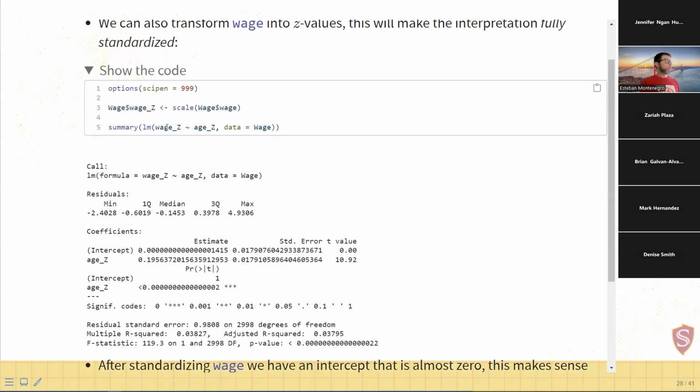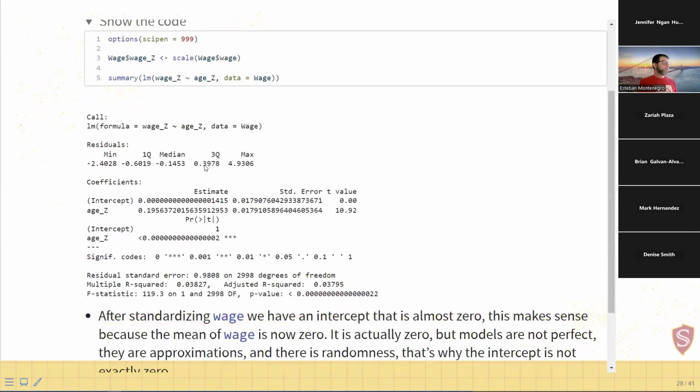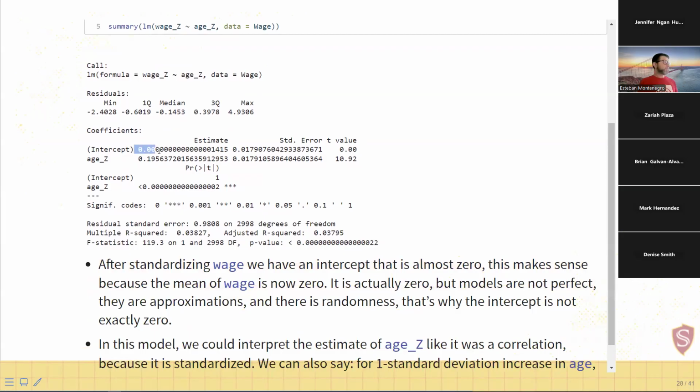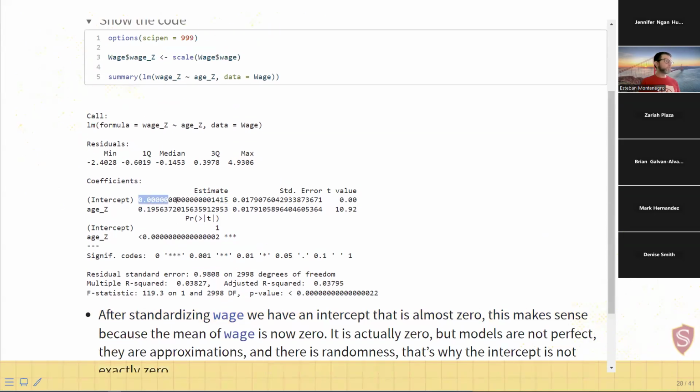When that happens, both variables are standardized, which is good. For interpretation, it's even better. When you do that, your intercept is going to be zero or very close to zero, like in this case. I allowed R to show you how small the number is. It has a lot of zeros.